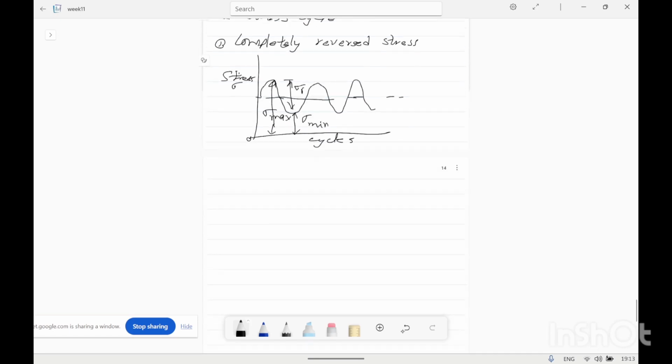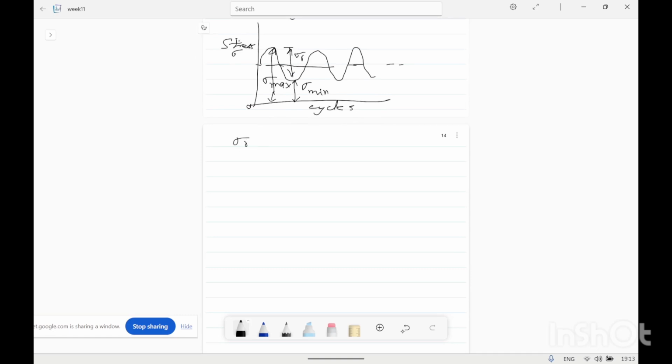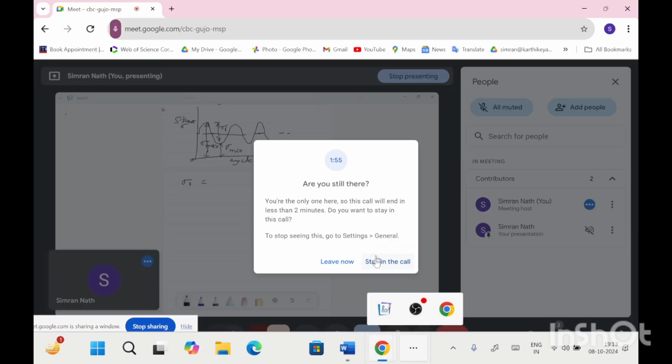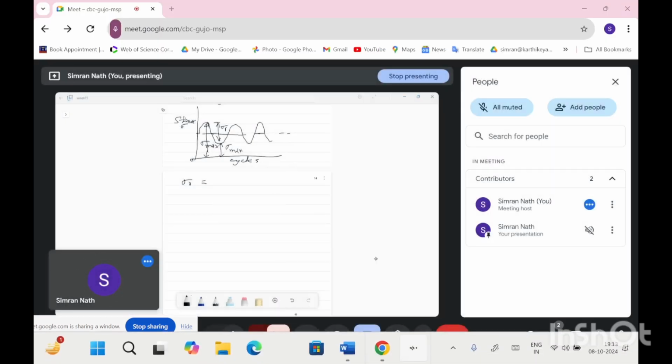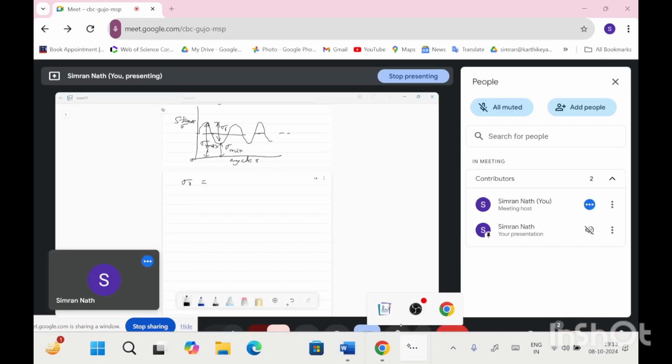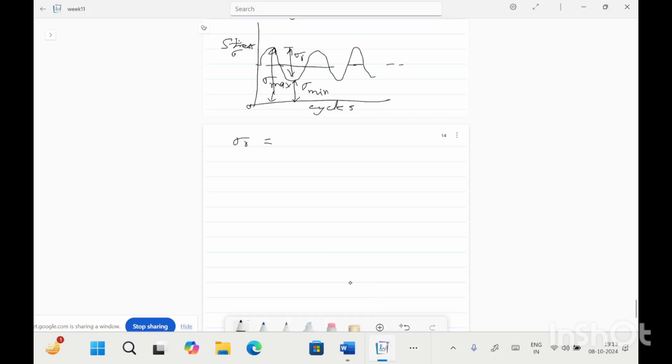So sigma r can be written as sigma max minus sigma minimum.